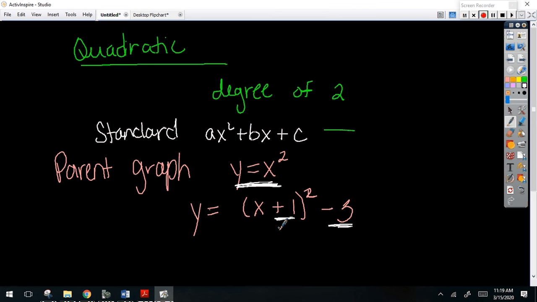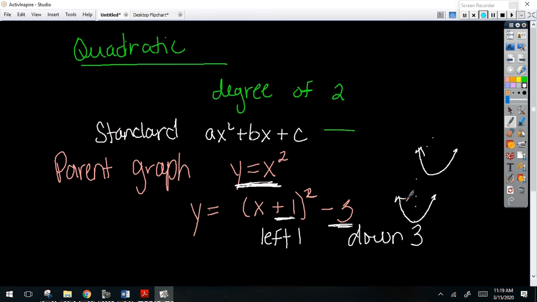This would take us left 1 and down 3. So if I started out with that parent graph of my quadratic like this, it would cause everything to shift left 1 and down 3, right? And that's the only thing that it's doing.